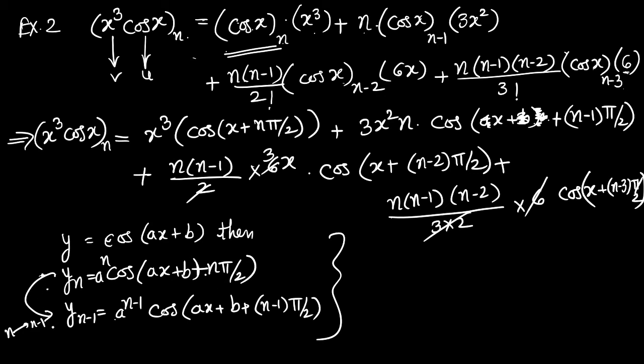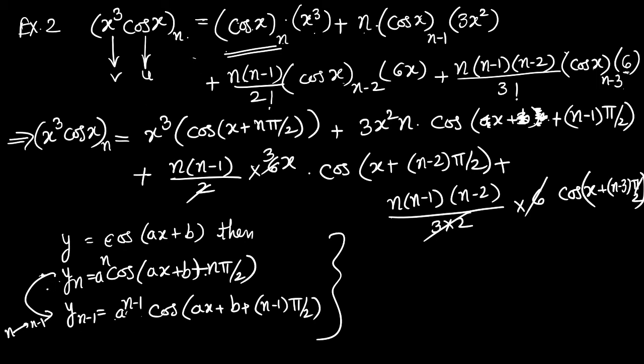And if we find the value of y_(n-1), here n is replaced by n minus 1, and we write the value a to the power n minus 1 cos(ax plus b plus (n minus 1) pi by 2). Now for n minus 2, n is replaced by n minus 2 and we find the value of y_(n-2) in this way.